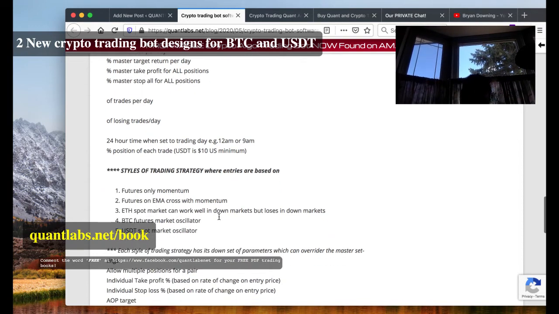What I'm hoping is you may be able to just change the INI file on the fly, and then the bot, while it's running, will adjust to those parameters as it runs. The only thing that will limit that is your operating system. I do think it will be fine on a Mac.